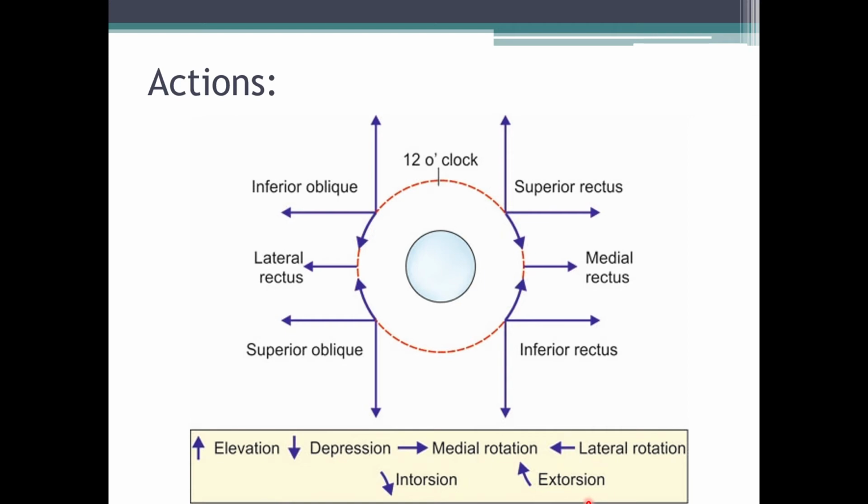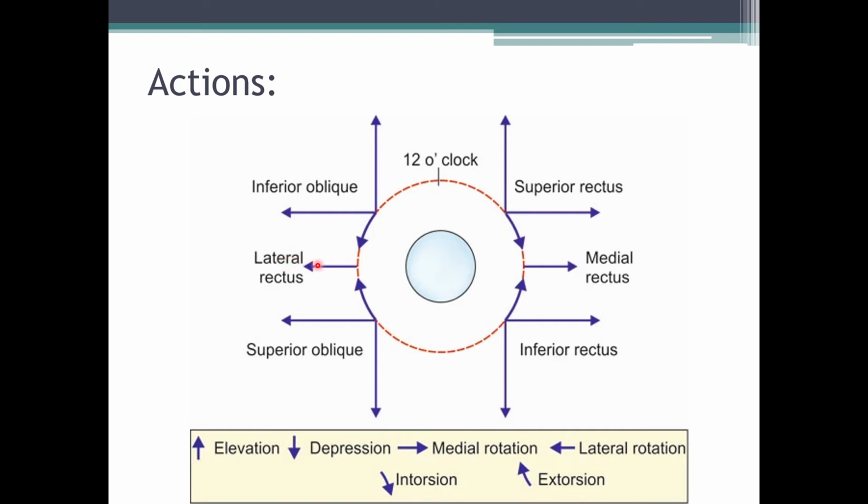So elevation of the eyeball, obviously, would be done by the superior rectus. You can see this arrow going above. Now the medial rectus and the lateral rectus, first let me discuss this. The medial and the lateral rectus have only one function. The lateral rectus will always abduct.